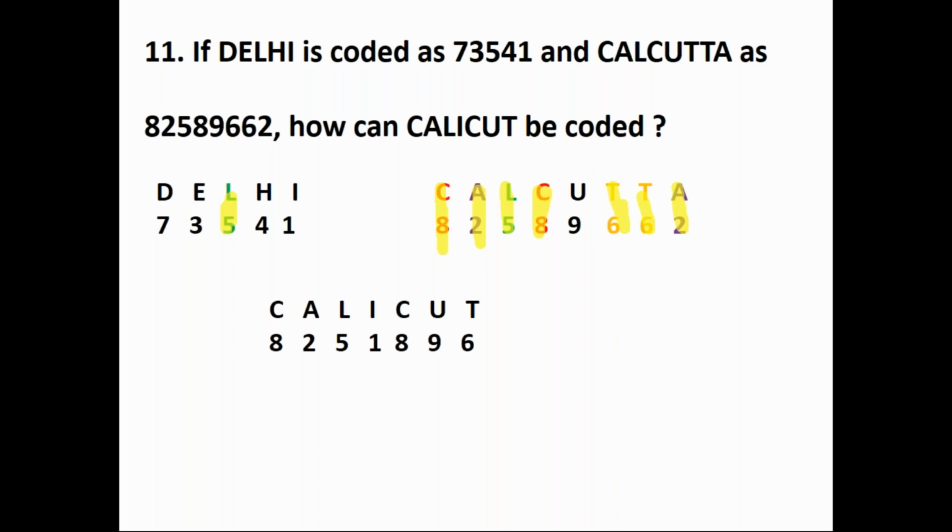These are the codes. So corresponding, ma, all letters to number related coding, same model. One more example, ma, just you have to identify.